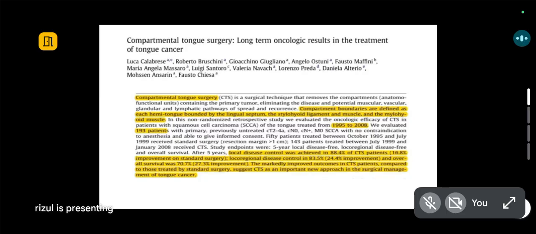They have mentioned that by doing compartmental tongue surgery, the local disease control was 88.4%, which was better than the classical surgery. The same was true for loco-regional disease control, which was much better, as well as the overall survival rate. So the outcome was better with this newer approach, the compartmental tongue resection.